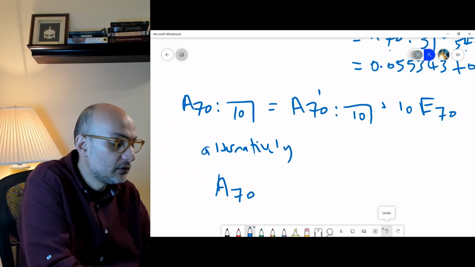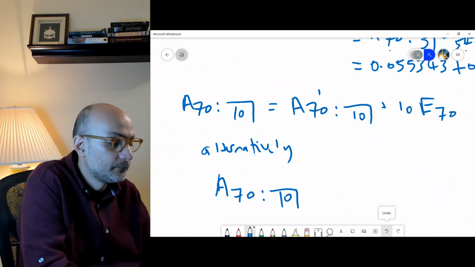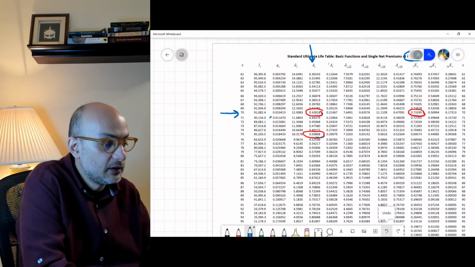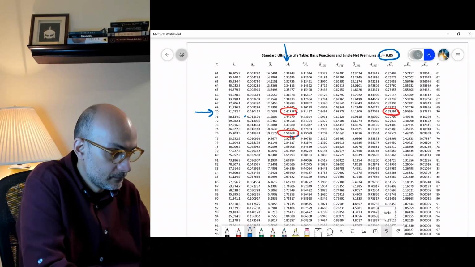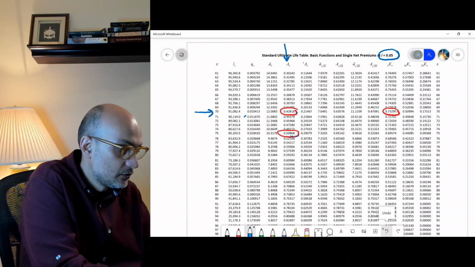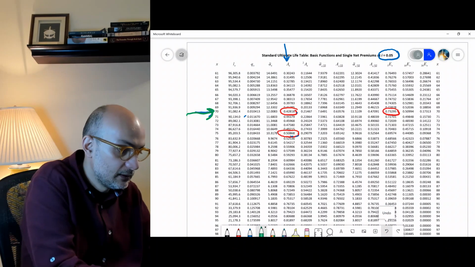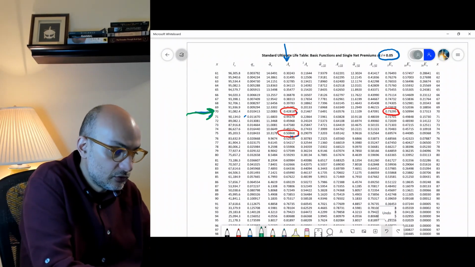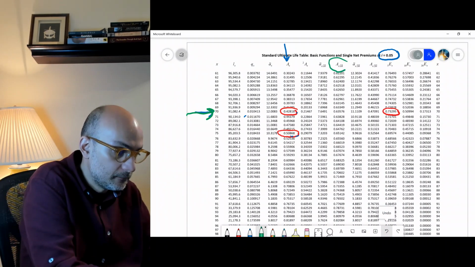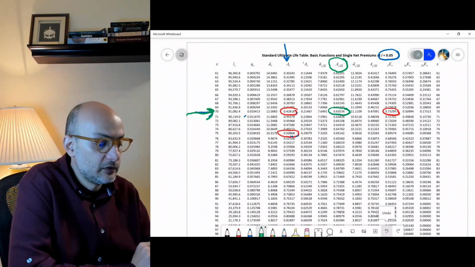Actually, you should find this one. Let's go back to the life table here. So we are at 70 here. Again, we are at 70, and we need to have it for 10, this one. And there are also for 20, right? So we need to take the 10. So now we take this one here. 6376.